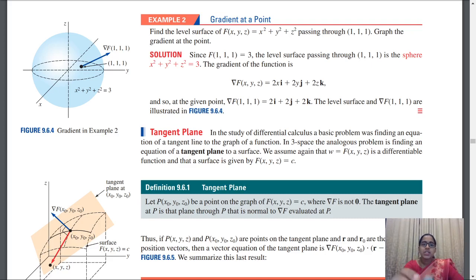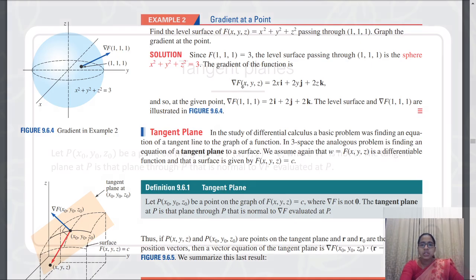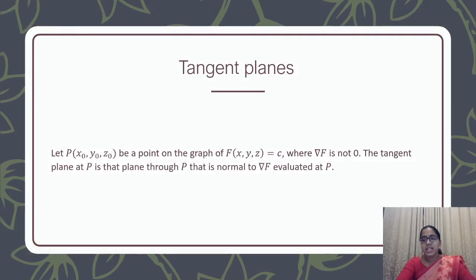So now let us move on to a new definition, that is, what are tangent planes. Let us see the definition. Let P(x₀, y₀, z₀) be a point on the graph of f(x, y, z) = c. Here we are considering the level surface itself.